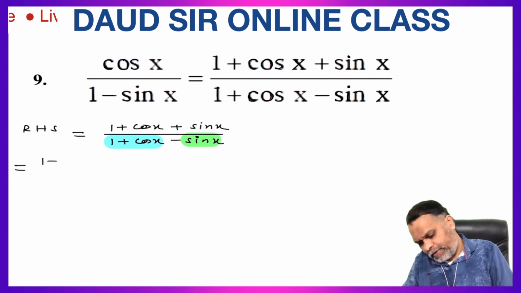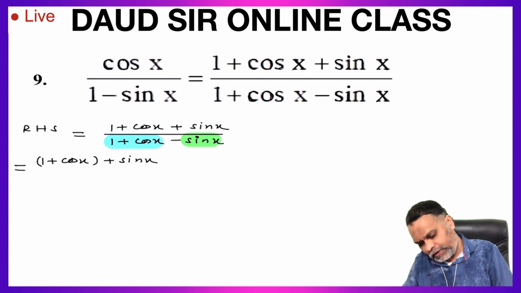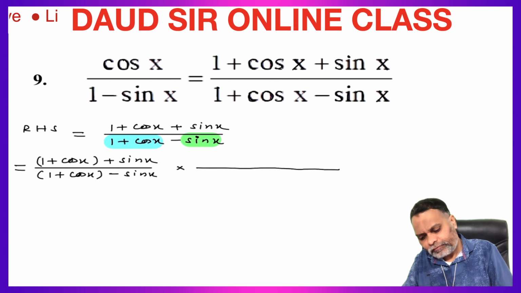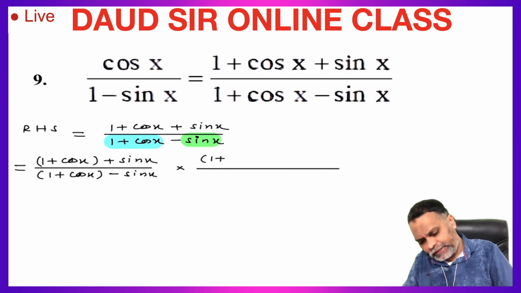So 1 plus cos x, we can put in bracket, plus sin x upon 1 plus cos x minus sin x. Now rationalize this: multiply by 1 plus cos x plus sin x, dividing by the same 1 plus cos x plus sin x.